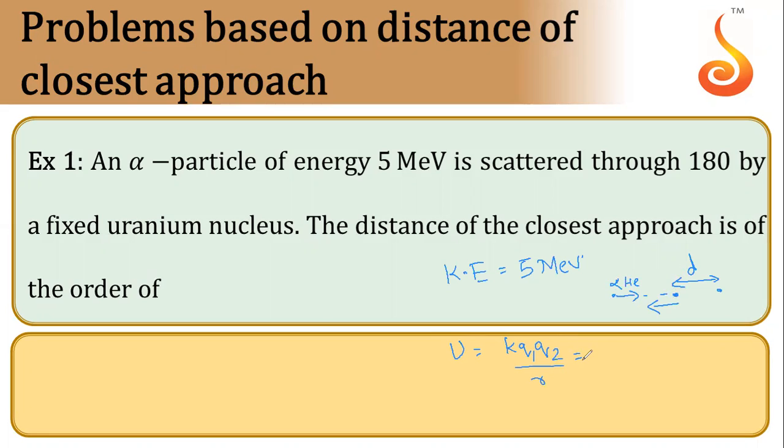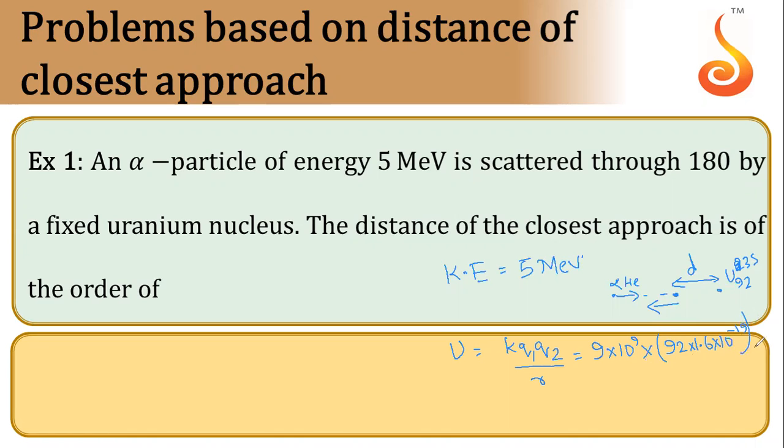So the value of K is 9 into 10 raised to power 9 into... So we have a uranium nuclei. The atomic number of uranium will be 92. Let's say 235 is there. So 92 into e, the charge of electron, that is 1.6 into 10 raised to power minus 19.